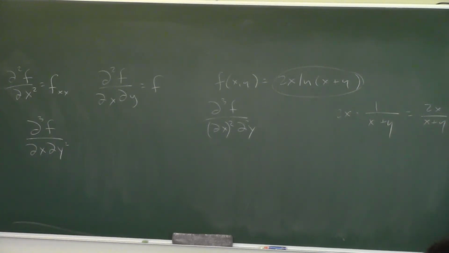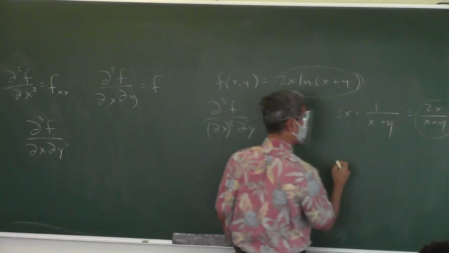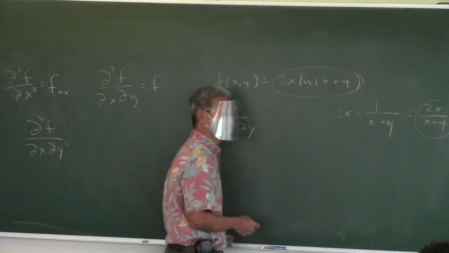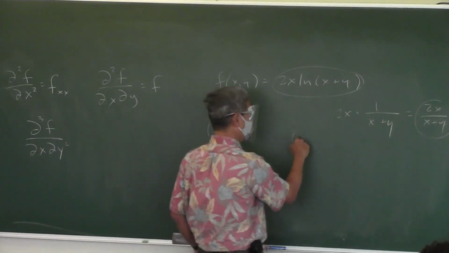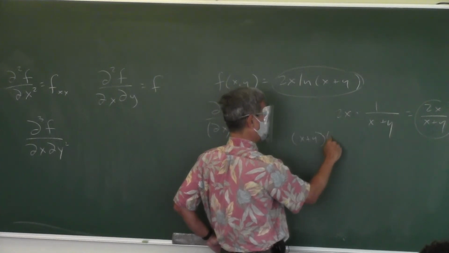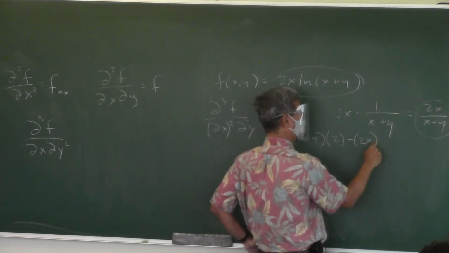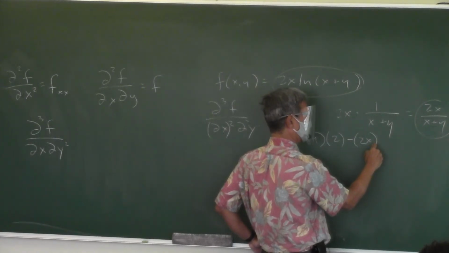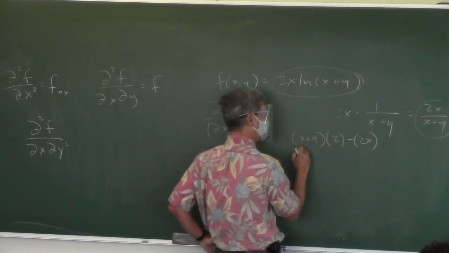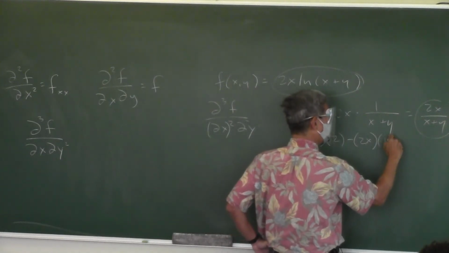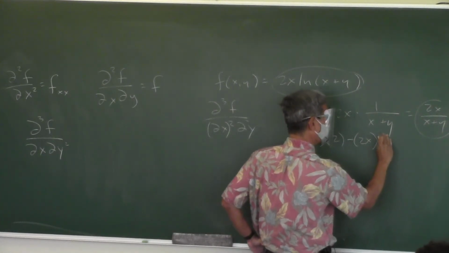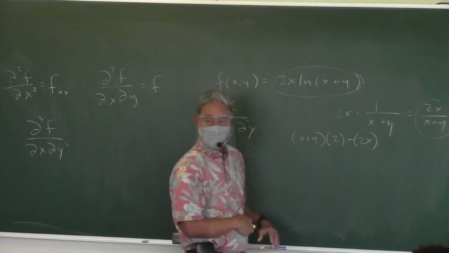Take the derivative of this with respect to x. Easy. It's called the quotient rule. x plus y times 2 minus 2x times 1 plus y... what? y is a constant.